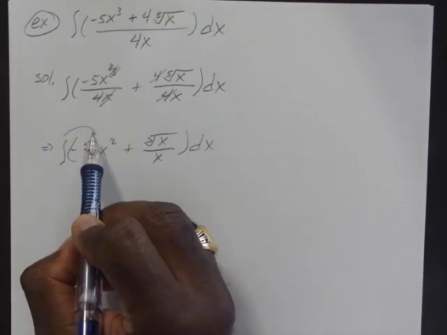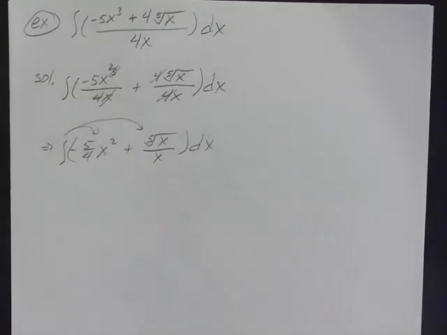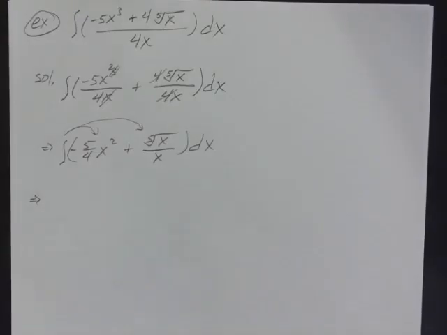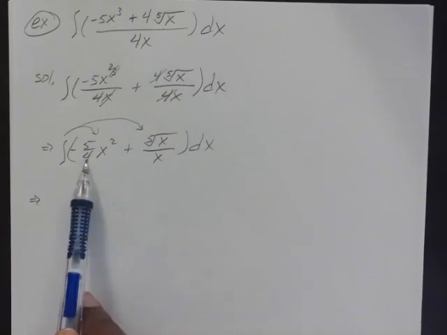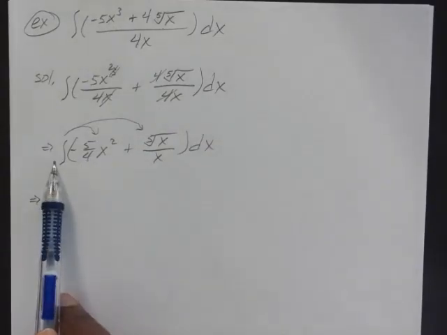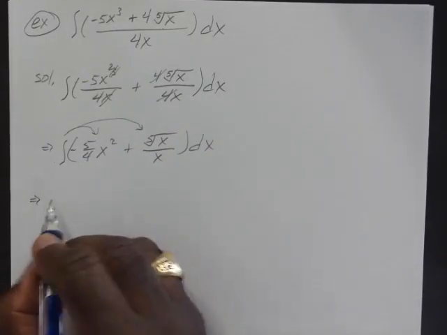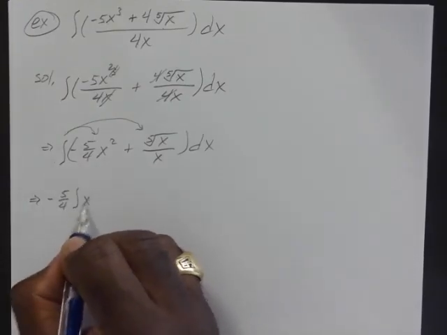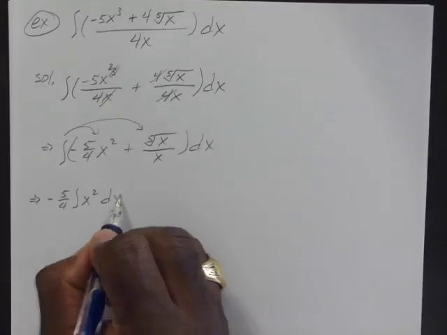Okay, so let's integrate each one separately. That negative 5 over 4, we can just factor that constant right out to the front, times the antiderivative of x squared with respect to x.